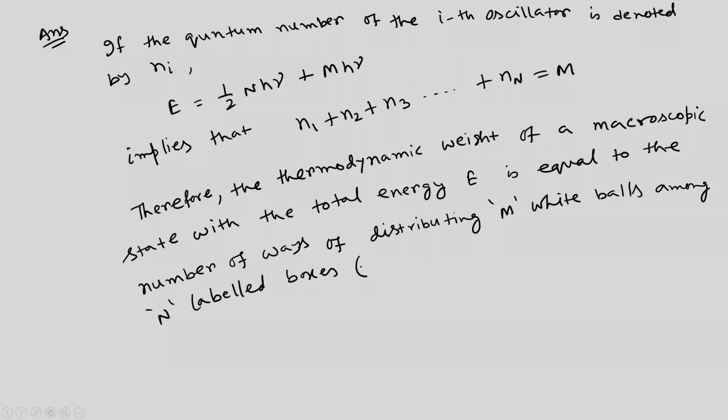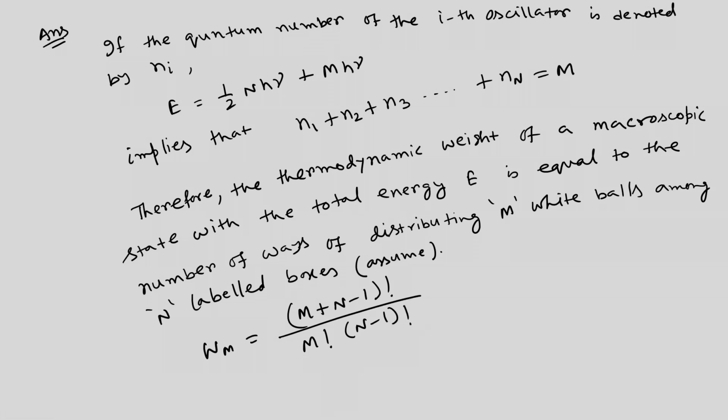So, we are assuming like that. Okay. So, W m weight is (m plus n minus 1) factorial divided by m factorial times (n minus 1) factorial. This is the weight of the distribution.